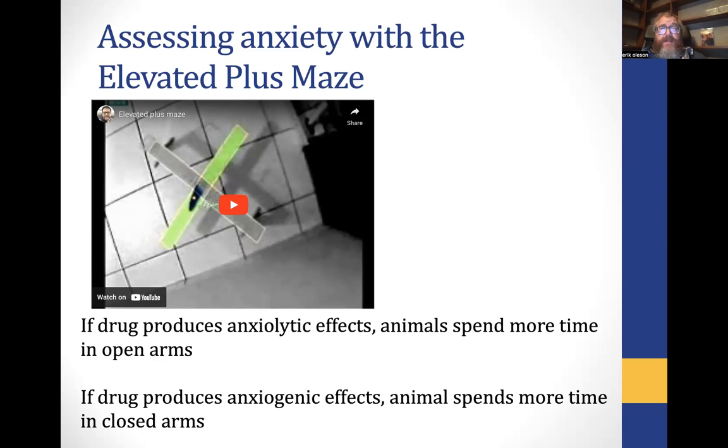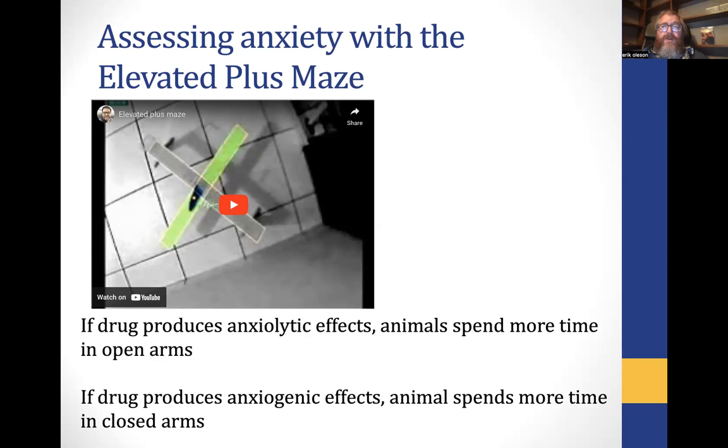But how do you get at anxiety? Again, we have many measures of that, but one of the common and simple ones is known as the elevated plus maze. Here you have an elevated plus maze with two closed arms and two open arms, meaning two arms without walls and two arms with walls.